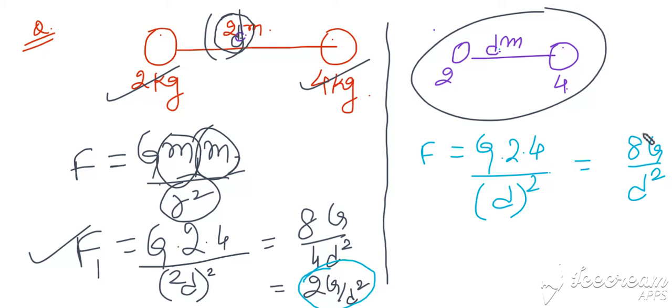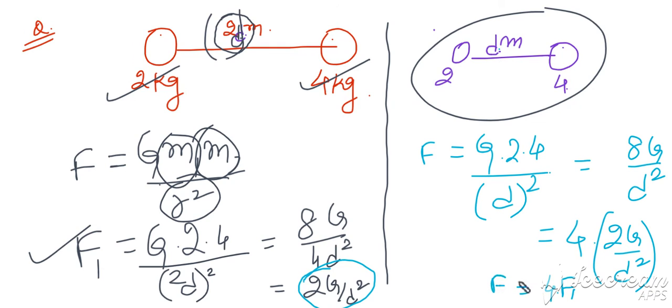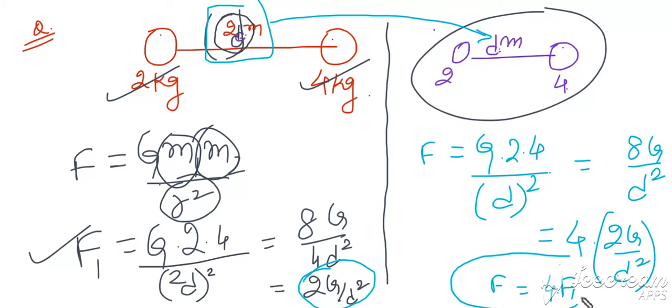So can I say that this 8G by d square, I can write as 4 into 2G by d square, and I can say that it is 4 into F1. So overall, what I have observed is that when the distance is decreased by half, the force becomes 4 times because it is inversely proportional to the square.